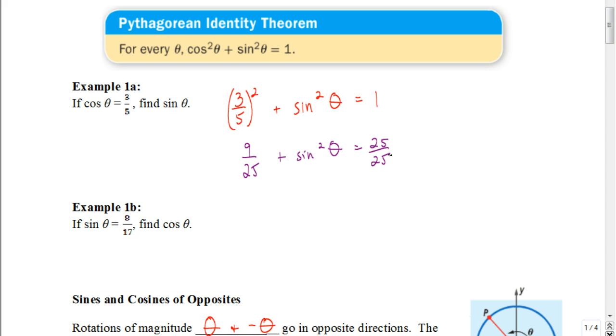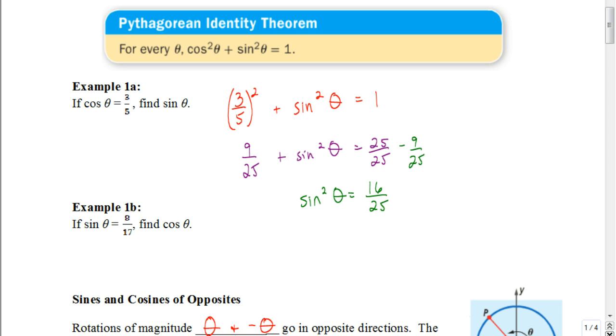I'm going to change the 1 to be 25 over 25. So now when I subtract 9/25 from it, we can do that. Because remember, you can't work with fractions unless they have common denominators. So now I would have sine squared of theta equals 25 minus 9, which is 16 over 25.